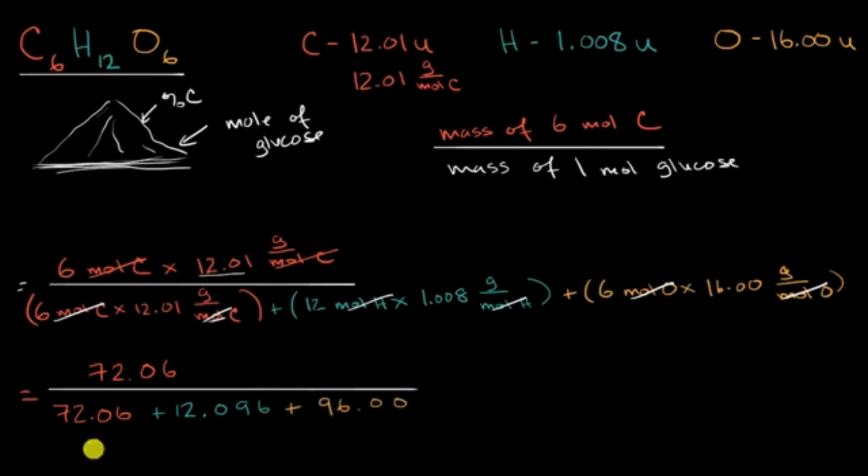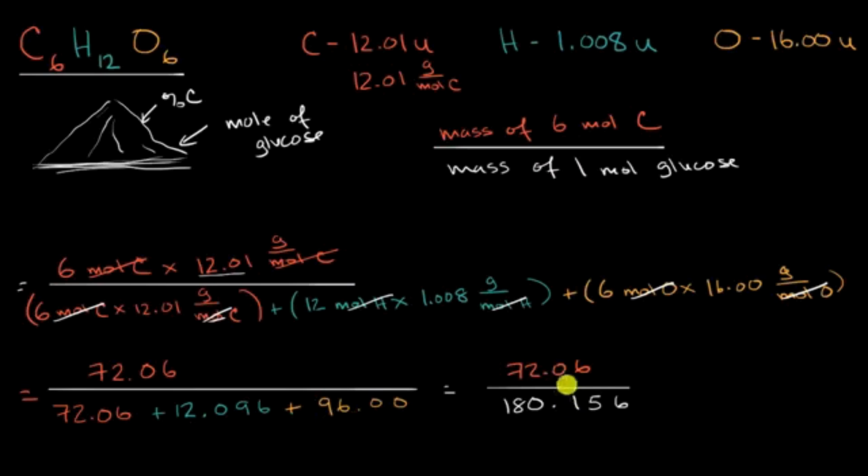And this will be equal to, if we're just thinking about the pure calculation before we think about significant figures, 72.06 plus 12.096 is 84.156, plus 96 I get 180.156. Did I do that right? If I were to just add up everything, not even think about significant figures.